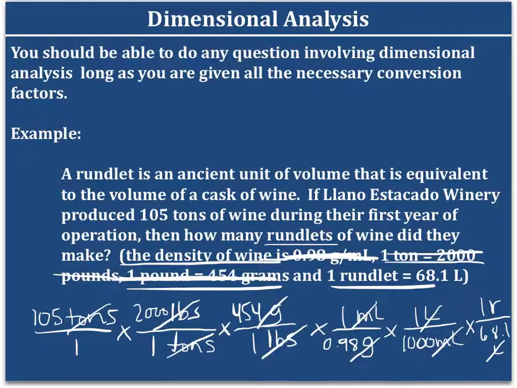Okay, so the way you would solve this is you would do 105 times 2,000 times 454 divided by 0.98 divided by 1,000 divided by 68.1. And when you do that calculation, you'd end up with about 1,400 rundlets.